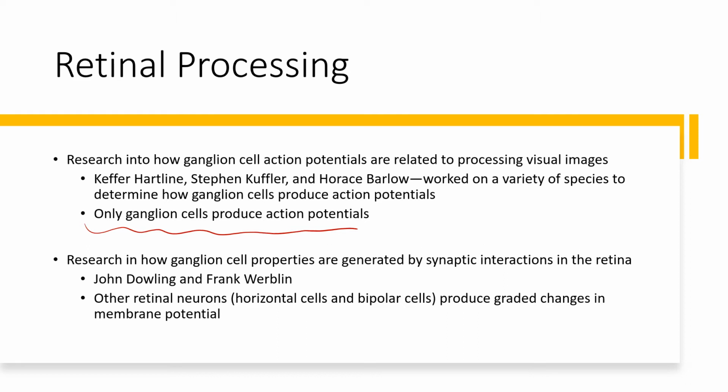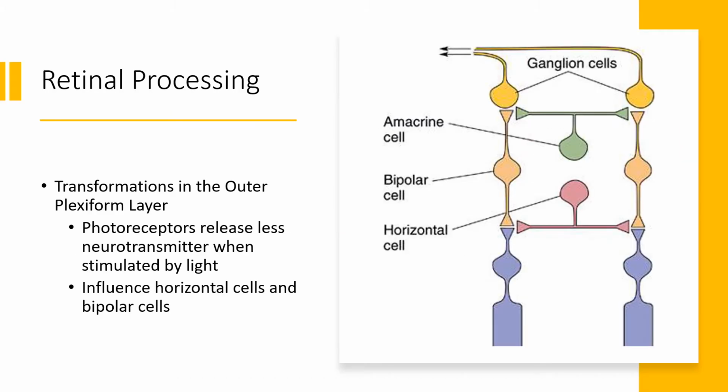The ganglion cells are going to produce that action potential output of the retina that's going to travel into the brain for further processing. So here, we're going to have changes in membrane potential for the horizontal and bipolar cells, but it's ganglion cells that are going to be our output.